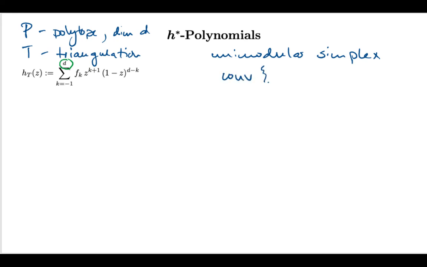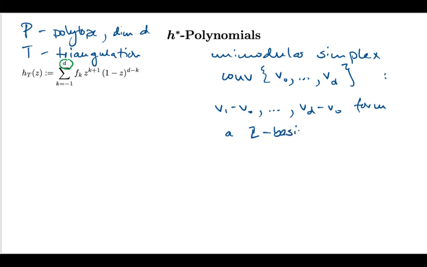is a simplex in d dimensions, let's say, where if I pick any vertex and compute the differences of the other vertices with this given vertex, then I have d resulting vectors, and my simplex is unimodular if they form a Z basis of Z to the d.